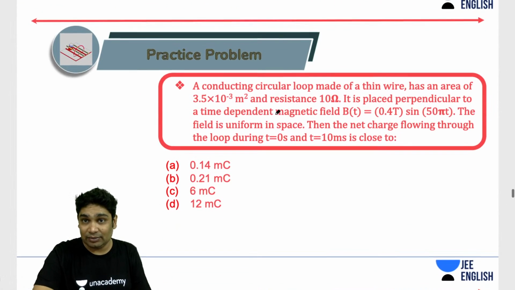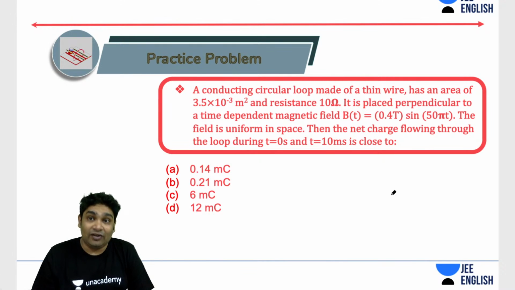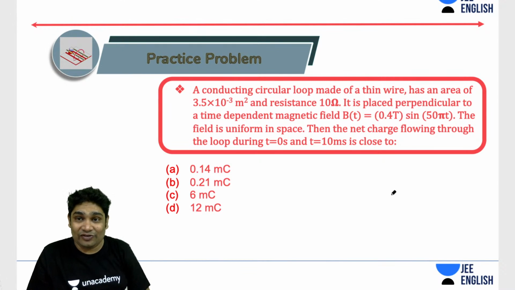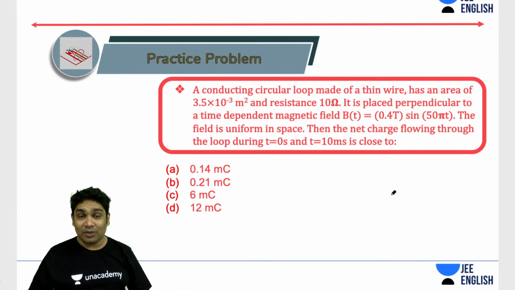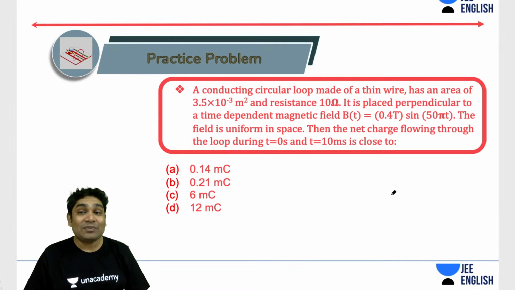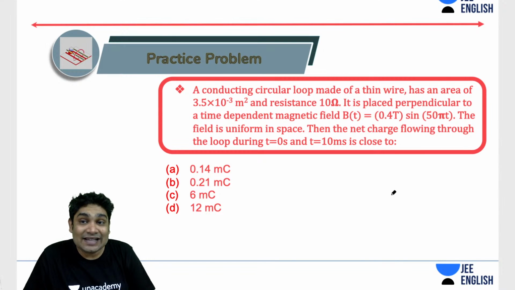Okay, here is another problem. A conducting circular loop made of thin wire has an area of cross section which is 3.5 into 10 to the power minus 3 meter square and a resistance of 10 ohm. It is placed perpendicular to a time dependent magnetic field which varies as 0.4 Tesla times sine of 50 pi t.